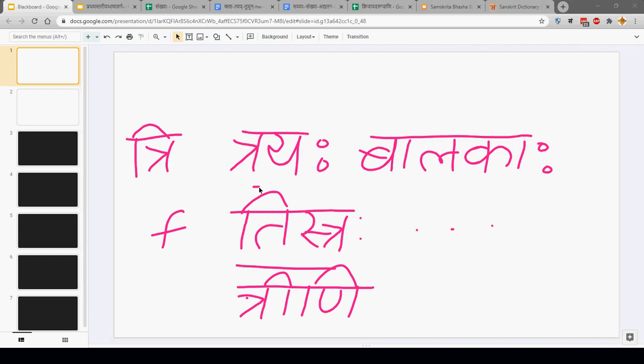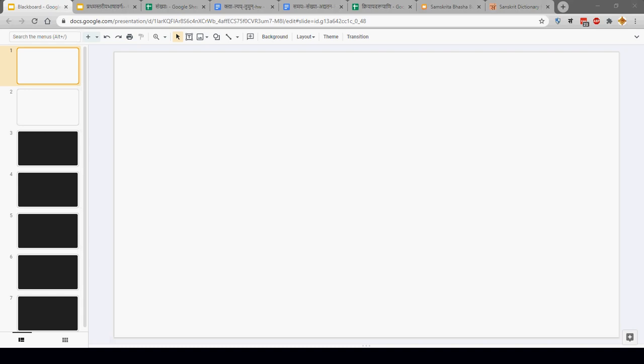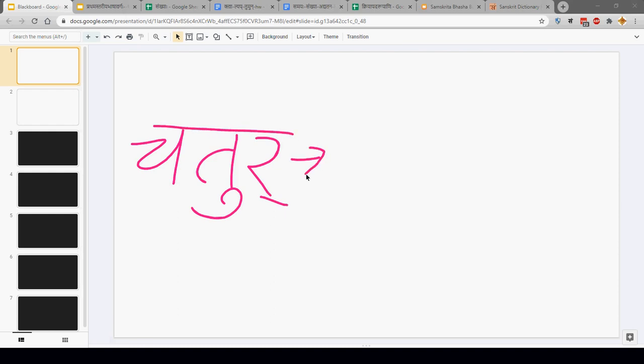So we change the lingam of eka, dvi, and 3 like this. Also chatur, which is the base word for 4, changes its form depending on the lingam.